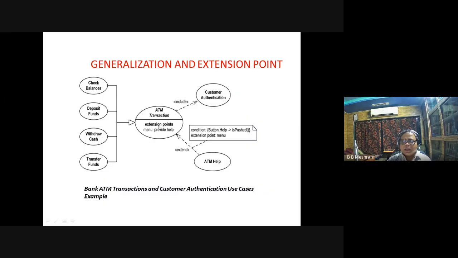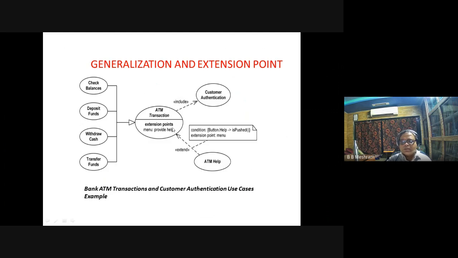Now here extension point is there. Extension point notation. So ellipse like notation of use case is divided into two parts. At the upper part, you can write the name of the use case, that is ATM transaction, and below you can write the extension point.